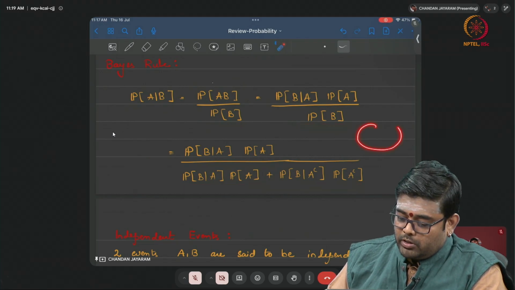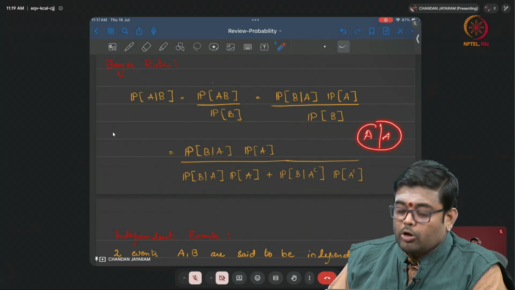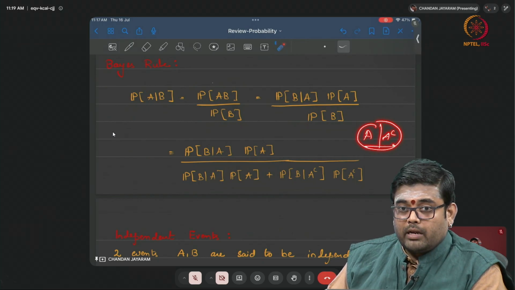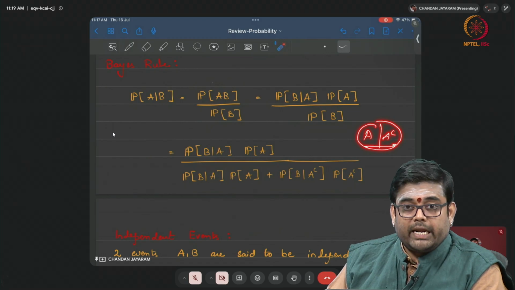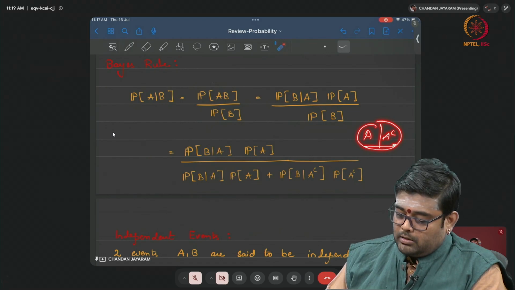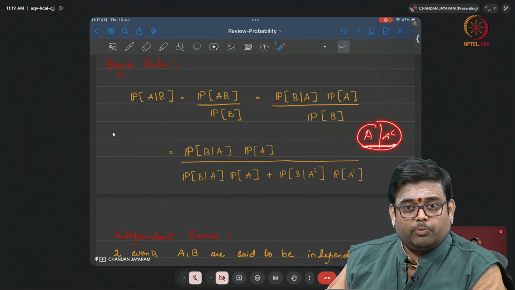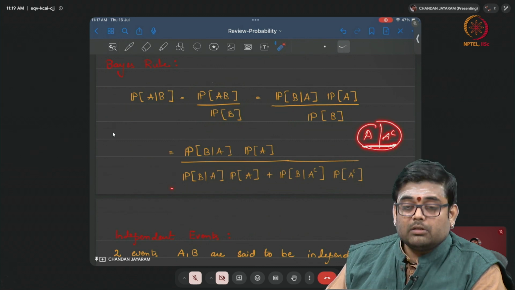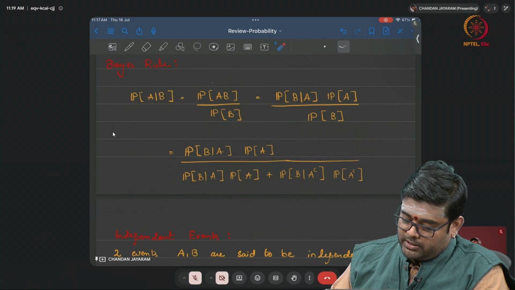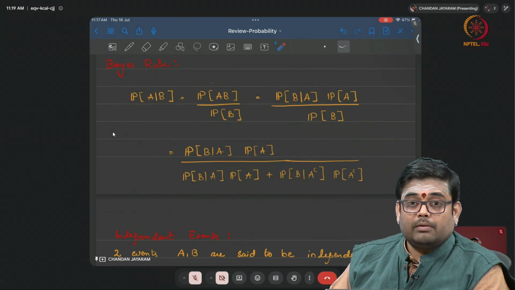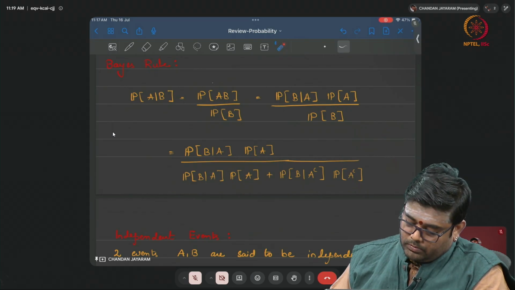I have done A and A complement. See, A and A complement are mutually exclusive, and it is a partition on the omega. So it satisfies the need for applying the total probability law, and because of which this is how the denominator will be modified. Now this is the idea of Bayes rule.